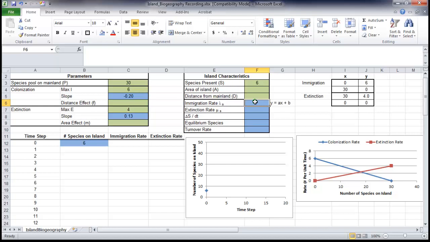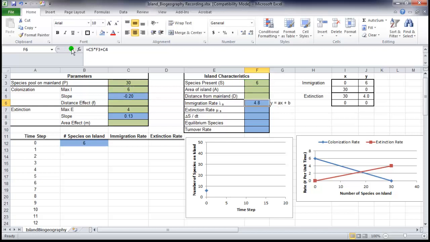Our equation, lambda sub s, is equal to, and let's follow along, a is the slope, that's given in cell C5, times the number of species currently present, that's given in cell F3, plus the intercept, and that is given in cell C4.